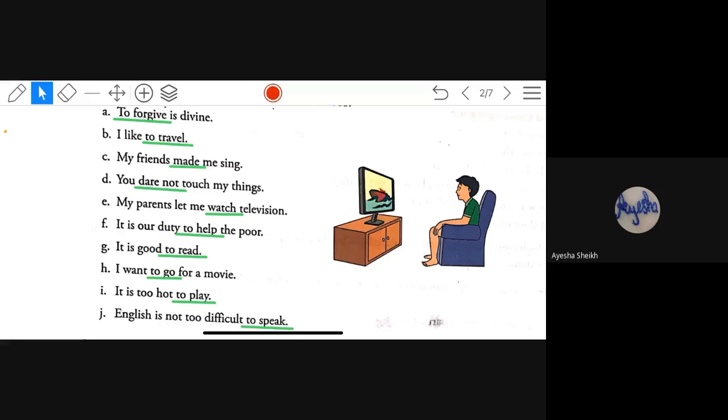PDF I will send, but PDF is such a thing that without a phone you cannot read, right? You will have to revise the exercises during exam time, and in the phone the PDF will be lost somewhere after some days. If you can save the PDF, it is good, but every time you will have to ask your friends to send it, or call up the teachers. Otherwise, whatever is according to your convenience, you can take the book.